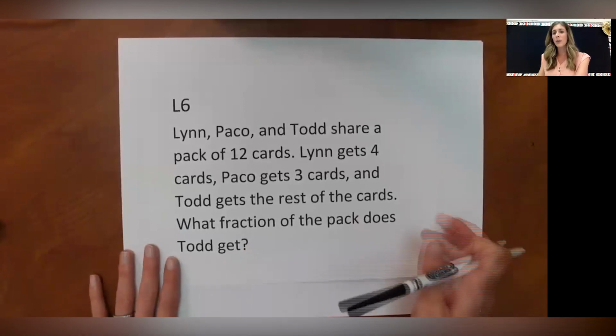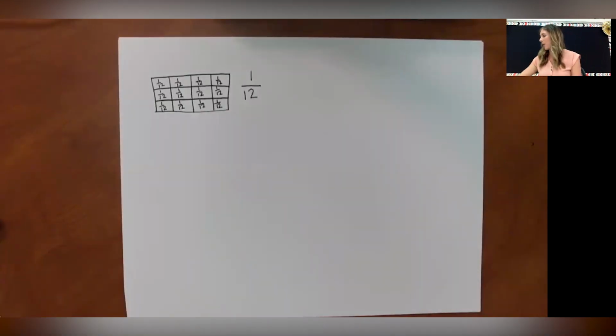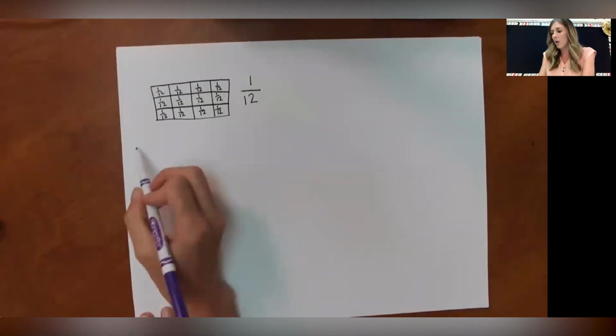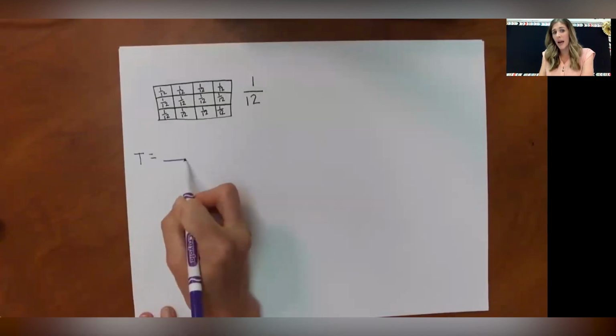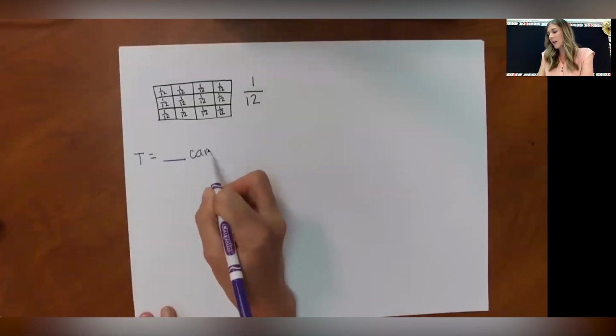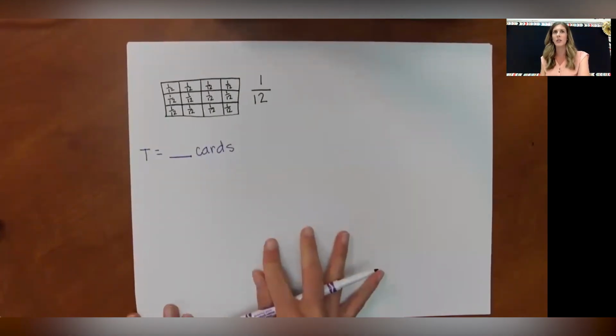I like to pull out my important information and record it on my paper. And I'm going to color code so I can easily keep track. So I know that Todd got the rest of the pack. I'm leaving a blank for him right now because I don't know exactly how many cards he has yet.